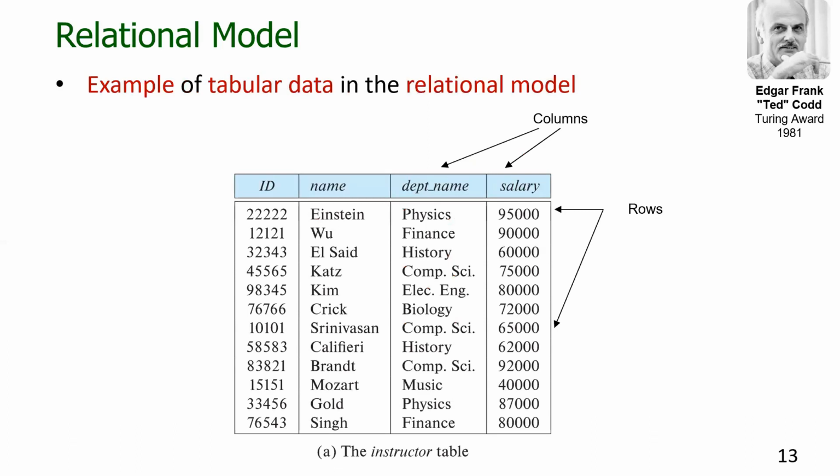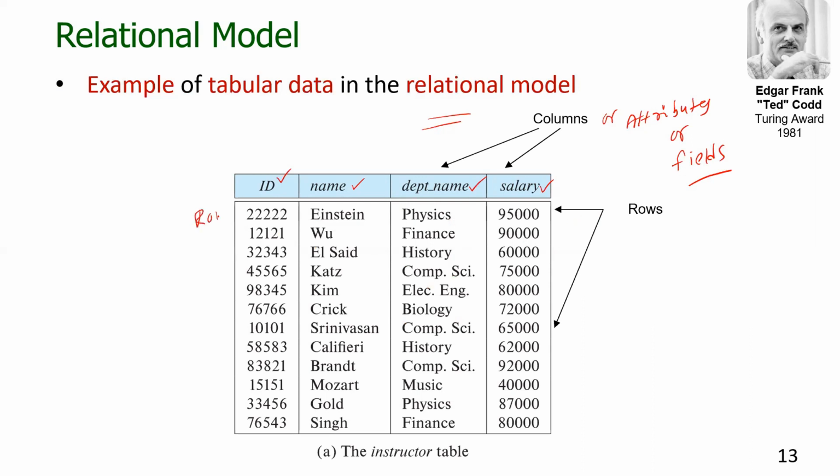Okay, let us see an example of tabular data that can be represented in the relational model. This is the table. Here you can see we have attribute 1, ID, attribute 2, name, department name, and another attribute, salary. These we call columns or attributes, also called fields. These are the various names. Then we have rows.